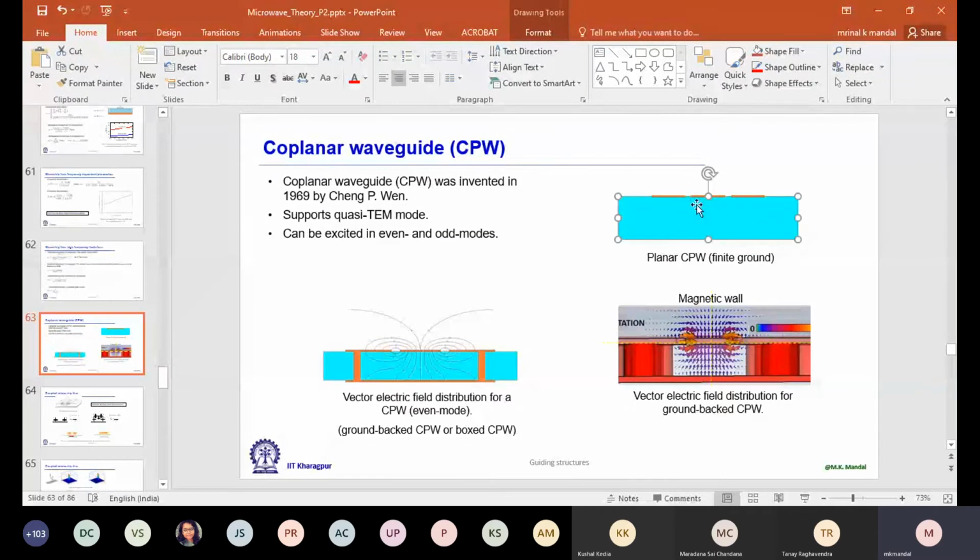So mostly the electric field is in the Y direction, right? If I consider the propagation direction, mostly it is in the Y direction, which is parallel to the air dielectric interface and perpendicular to the direction of propagation.